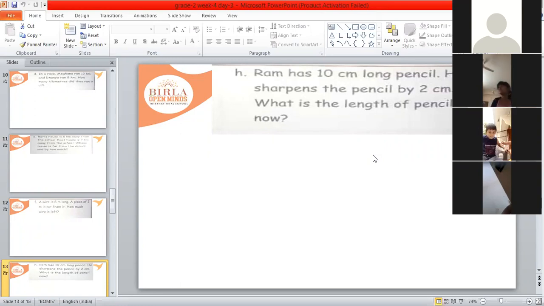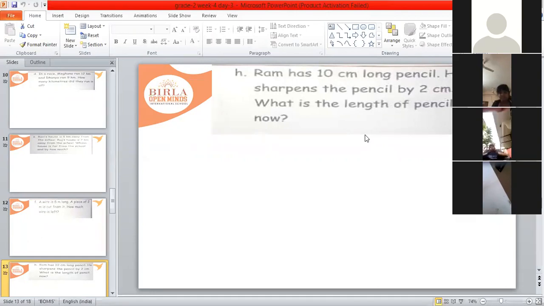I'm unable to unmute. Centimeters. Very good. That's the correct answer. Remaining children, hands down. Quickly, hands down. Supratik, Shreyas, everyone.